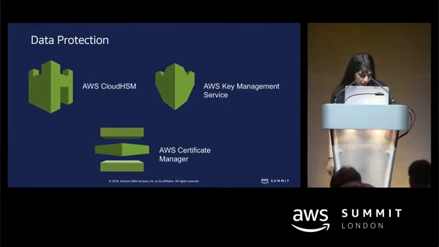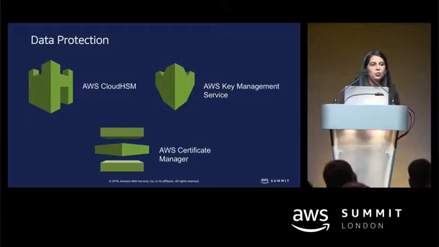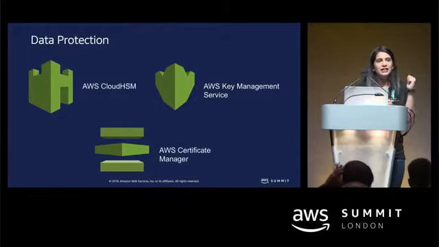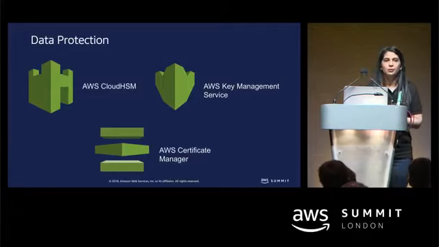And then, of course, you have AWS Certificate Manager. If you've ever been in a situation where you're wondering about the lifetime and expiry of a certificate that provides HTTPS for your web servers, then ACM actually does that for you.